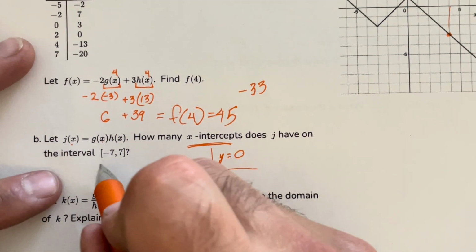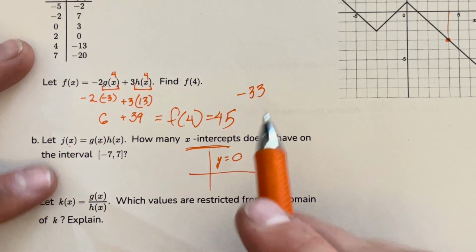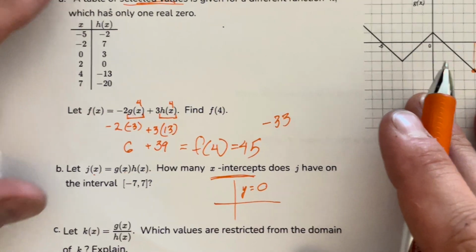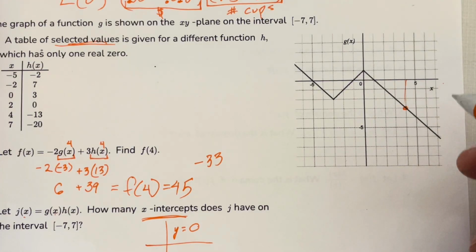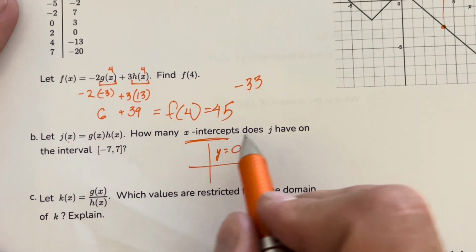Okay, so how does that happen when we're multiplying two functions together? Well, either one of them is 0 or the other one is 0. So, yeah, but we're only going from inputs from -7 to +7. It didn't even say what are they, it says how many are there.